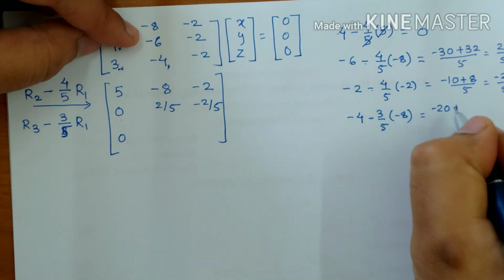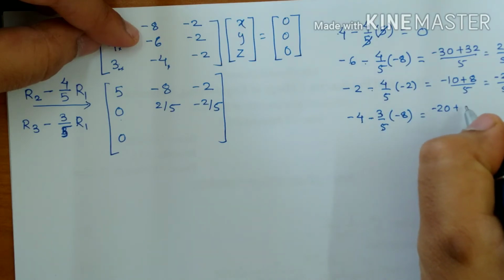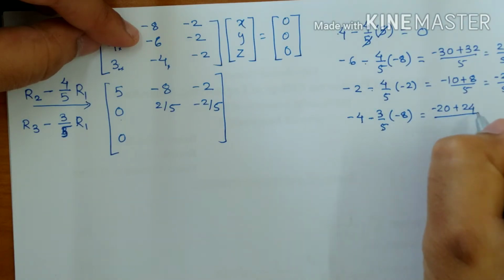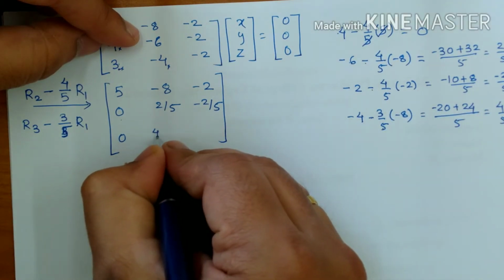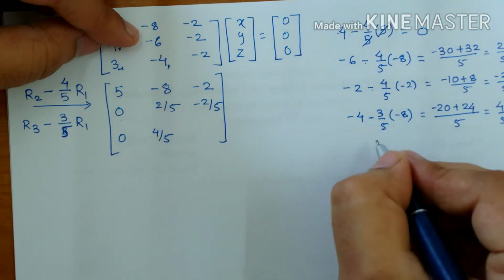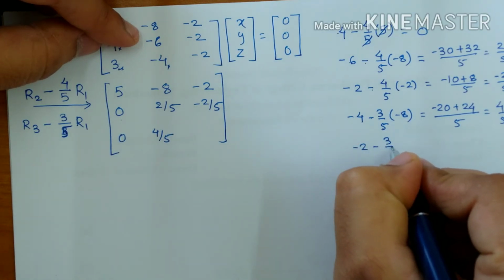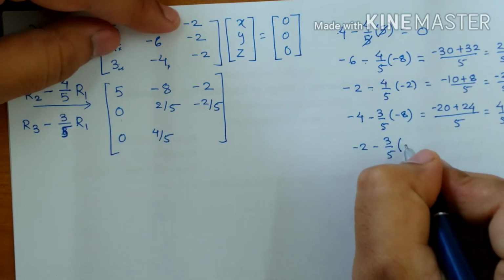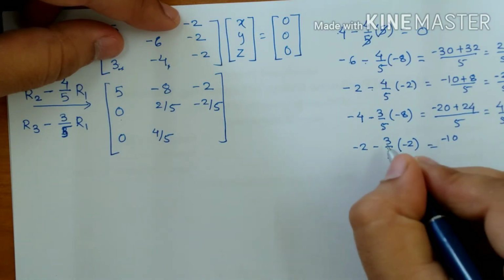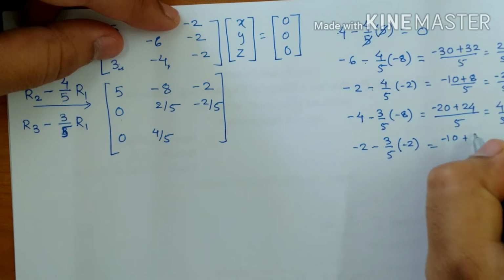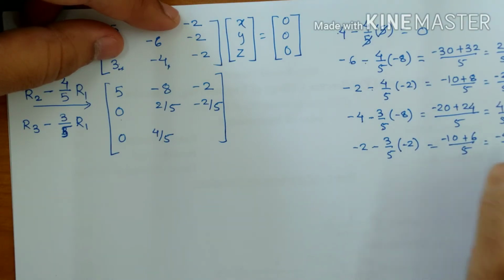And minus minus becomes plus 3 eights, this is 24. So this provides me 4 by 5. The next entry is minus 2 minus 3 by 5 into the corresponding entry, minus 2. So 5 twos are 10, that is minus 10, and minus minus becomes plus 3 twos, 6, divided by 5, which provides me minus 4 by 5.